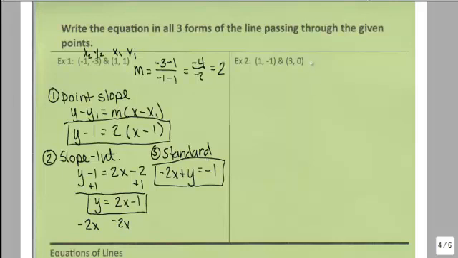For number 2, we got to find the slope first. x2, y2, x1, y1. So my slope is negative 1 minus 0 over 1 minus 3, which gives me negative 1 over negative 2, which means my slope is really just a half. So point slope form.